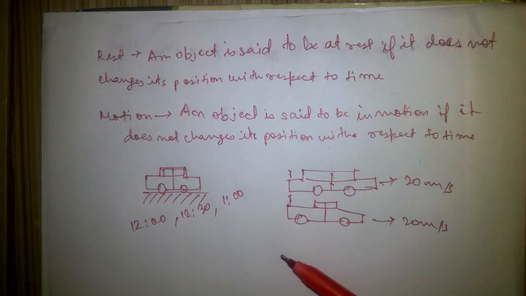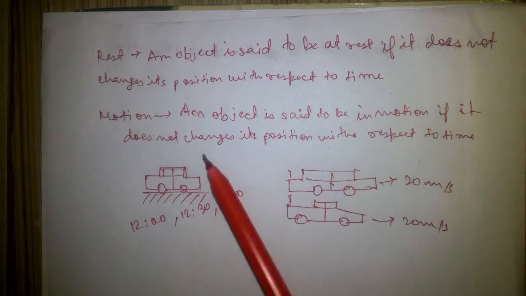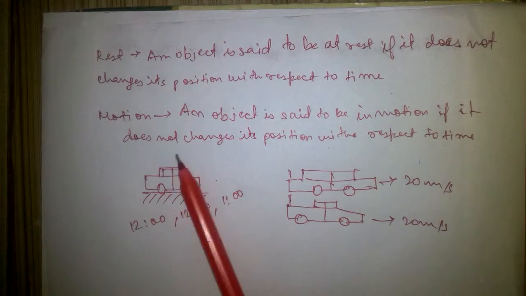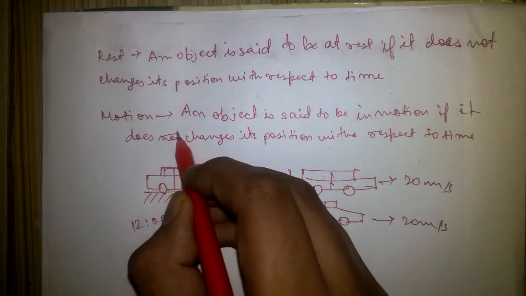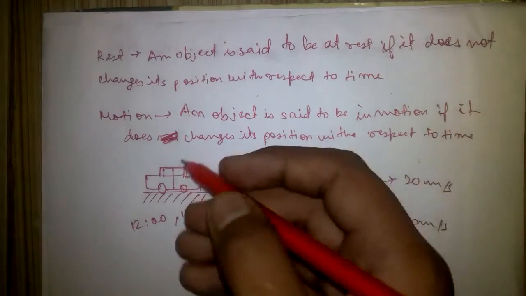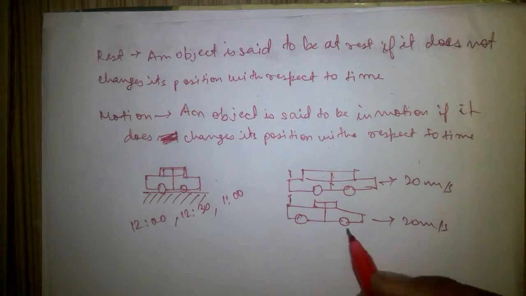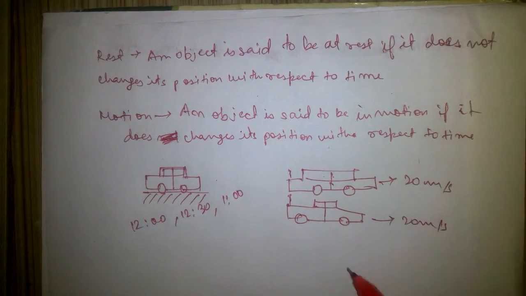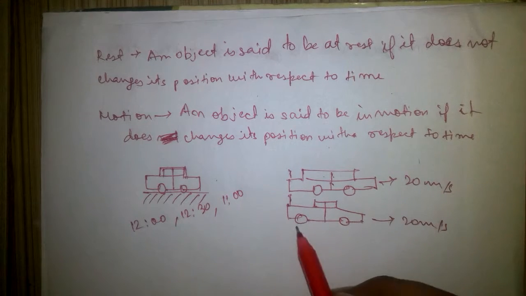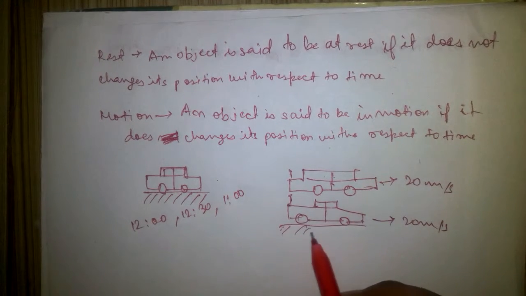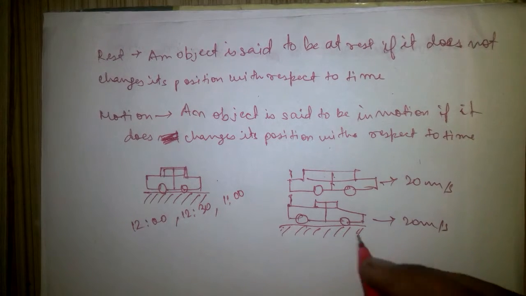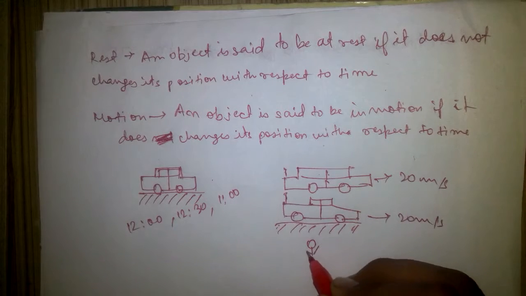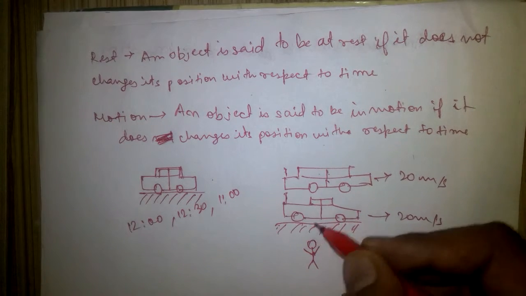Okay, and what is motion? An object is said to be in motion if it changes its position with respect to time. Sorry, here was a mistake. So here is a car on the ground, moving at a speed of 20 meters per second, and a man is standing here watching the car.